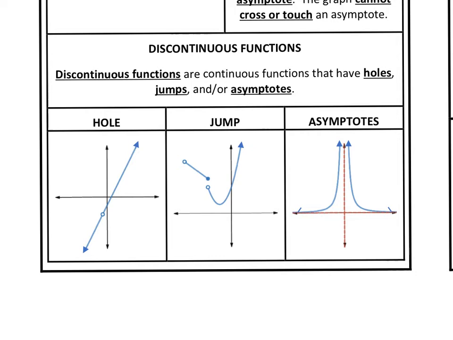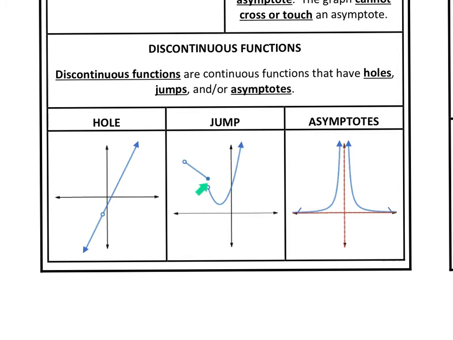Let's look at the second category of discontinuous. Let's look at the jump example. Think of a jump as a gap in the graph. The function is made up of 2 pieces in this case, right? There's this piece, and then a second piece that curves.